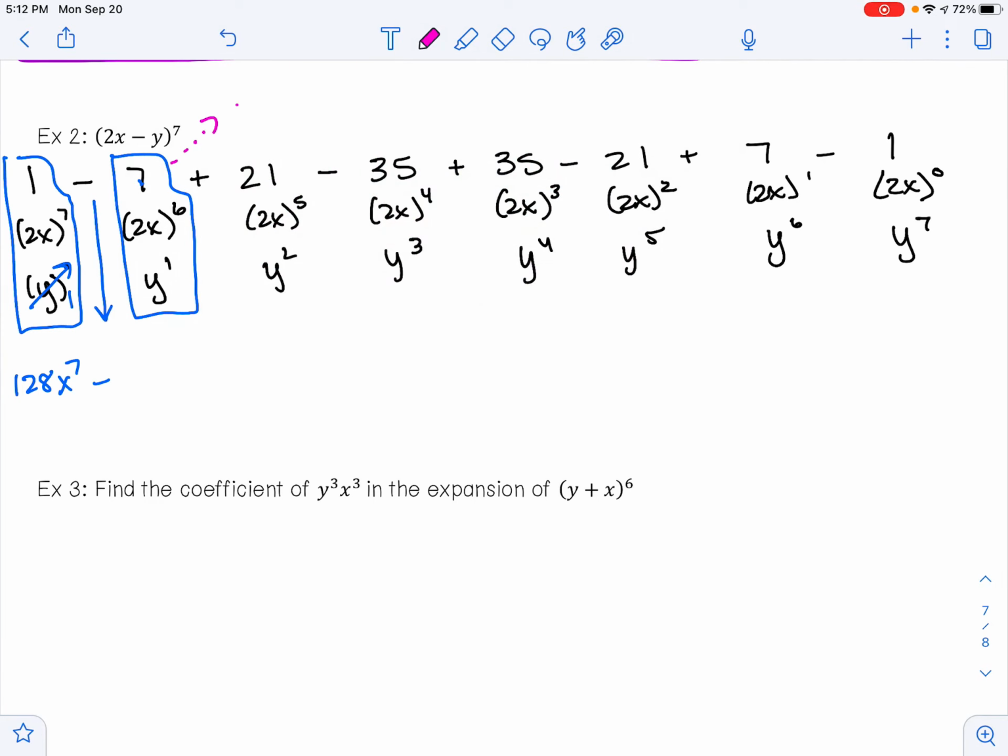Here I'm doing 7, that's an arrow, 7 times 2 to the 6th times x to the 6th times y. So 2 raised to the 6th power is 64 times 7 is 448.